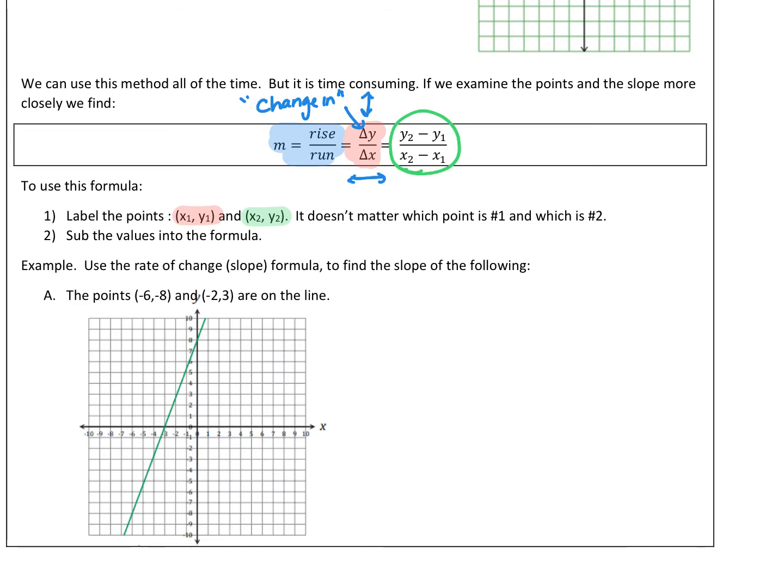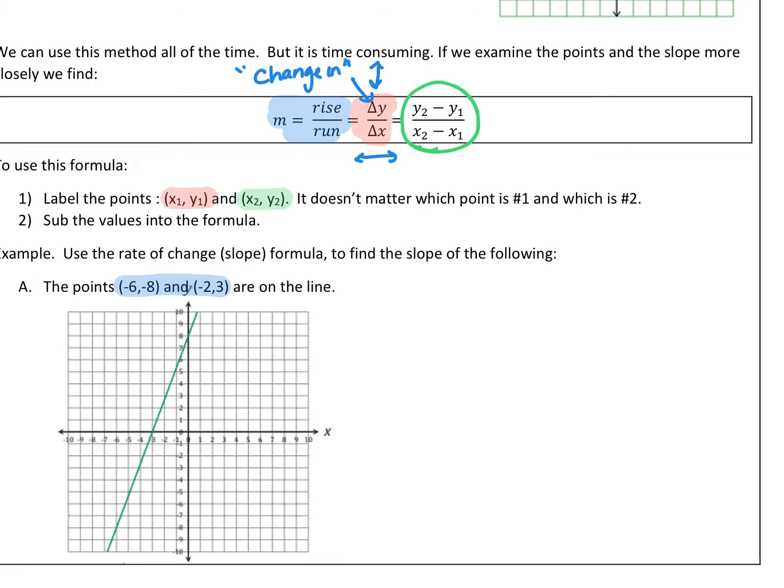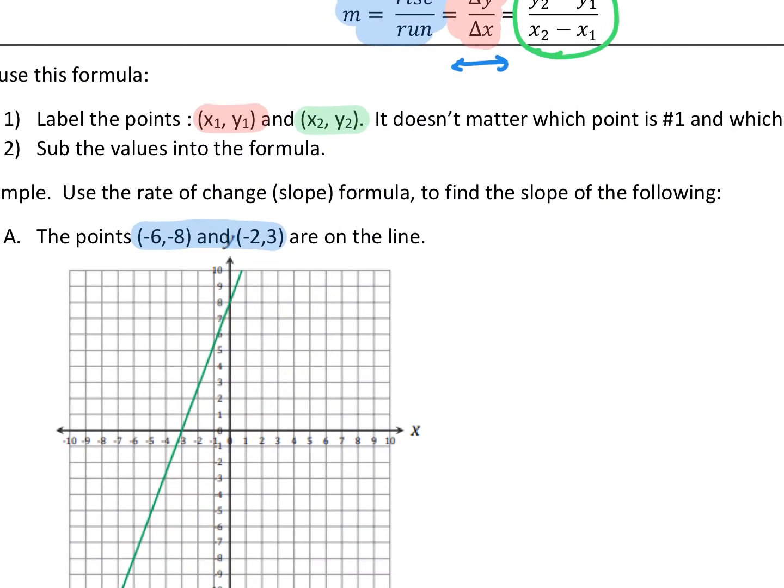And then you're just going to sub the values into the formula. So if I have this line here, and I'm telling you that these points are on the line, I am going to choose to label them, and it doesn't matter which is which, but I am going to label them as x1, y1, and x2, y2.